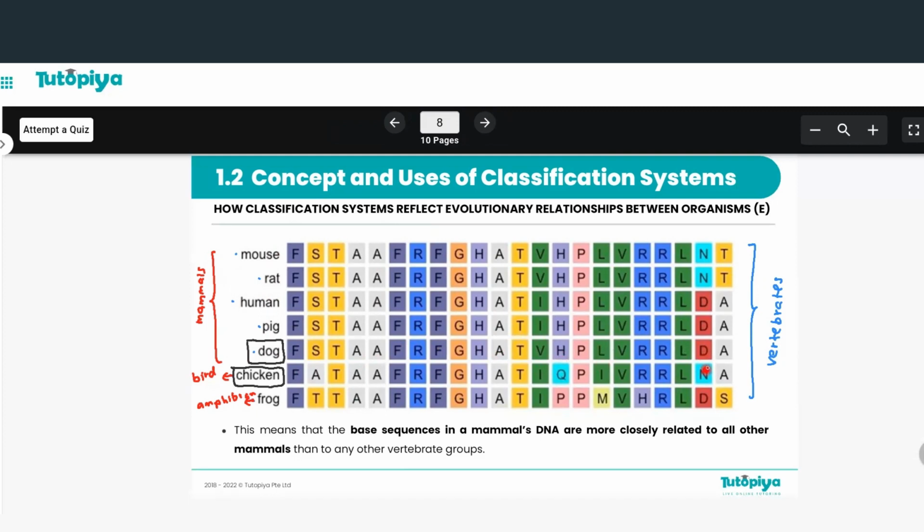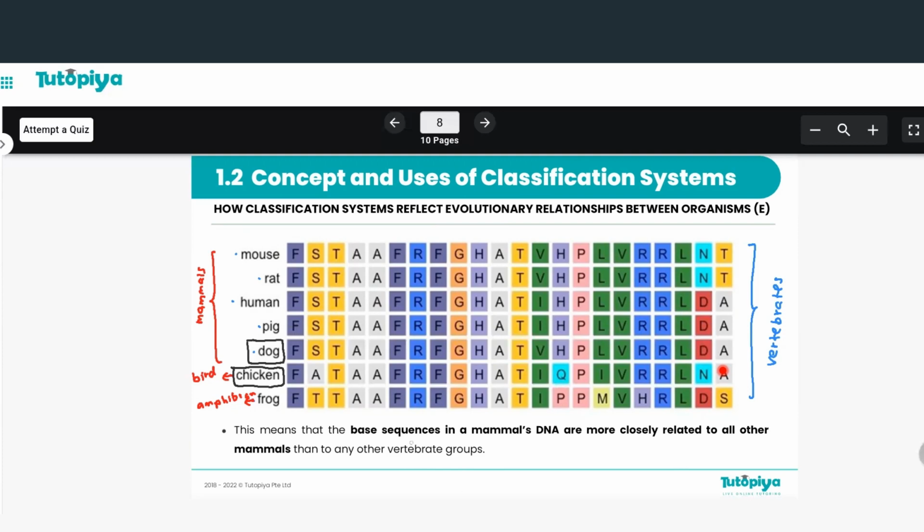You can see that, right? More variations. So more variations in their DNA base sequencing means that they are more distantly related to one another. So this is exactly what we mean by DNA-based sequences can show how closely related organisms are.